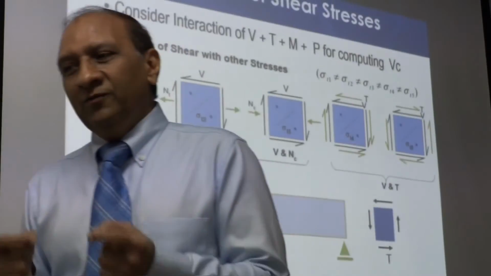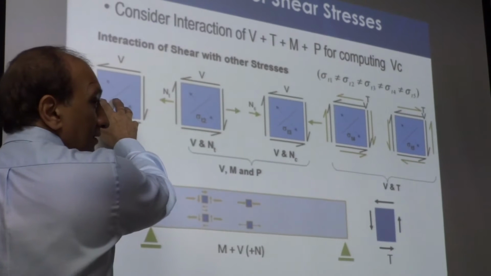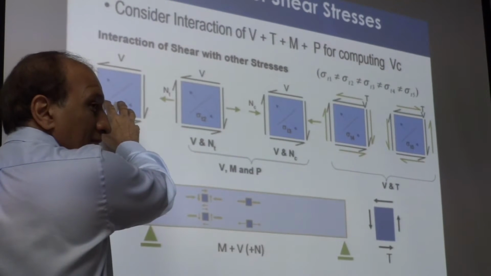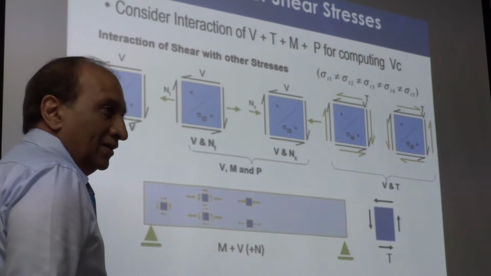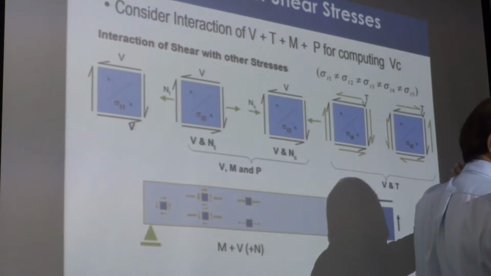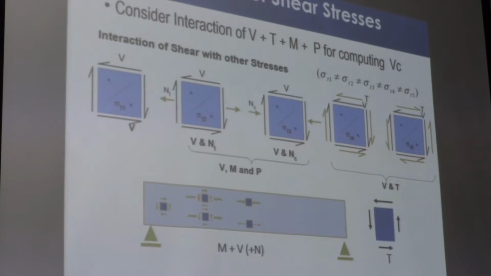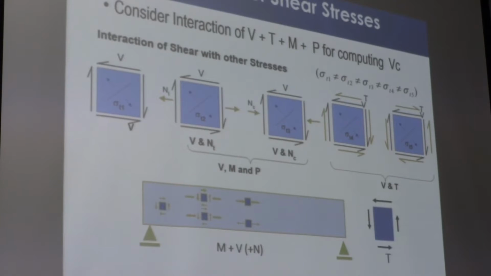And they say, okay, if you're too lazy, you can assume this case for the entire beam. But if you're not too lazy, you use separate equations for each case, right? Based on how much moment, how much axial force, how much torsion is present. Okay? So there are equations from very simple to very complicated, right?